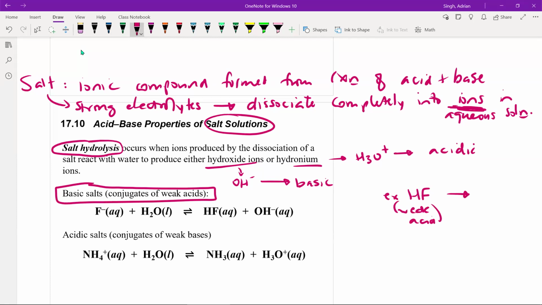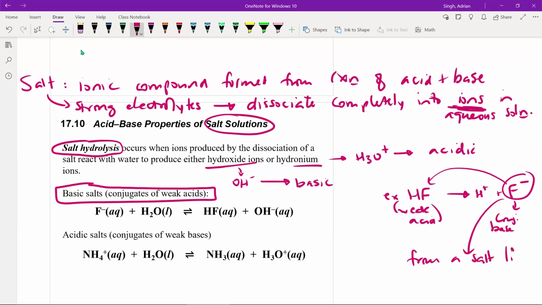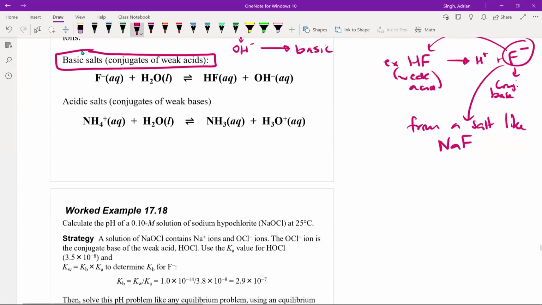The conjugate base of this would be F minus, and that's going to be a strong conjugate base. That F minus could come from the weak acid, or it could come from a salt, let's just say sodium fluoride. Sodium fluoride, an ionic compound, in solution will dissociate to give you Na plus and F minus.